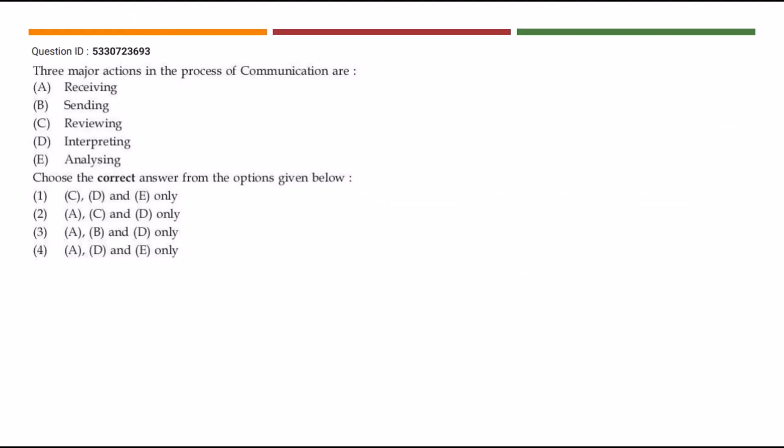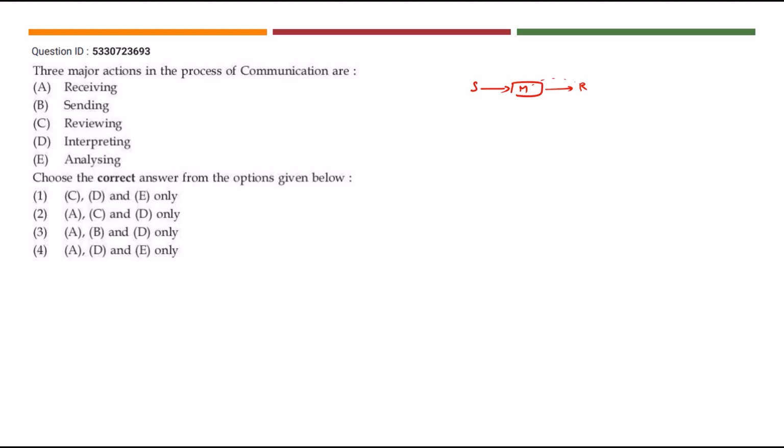Next question. 3 major actions in the process of communication are receiving, sending, reviewing, interpreting, analyzing. Just think, there is a message. Somebody needs to send it and somebody needs to receive it. The receiver should actually understand the message.